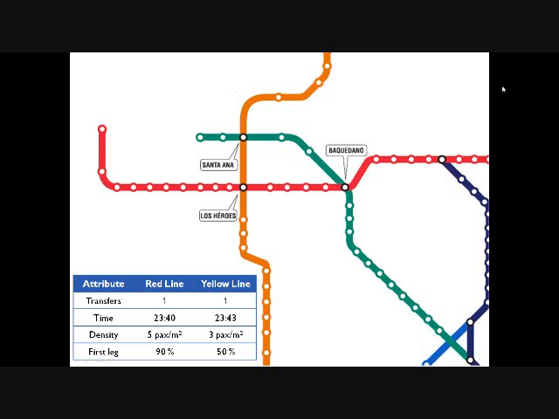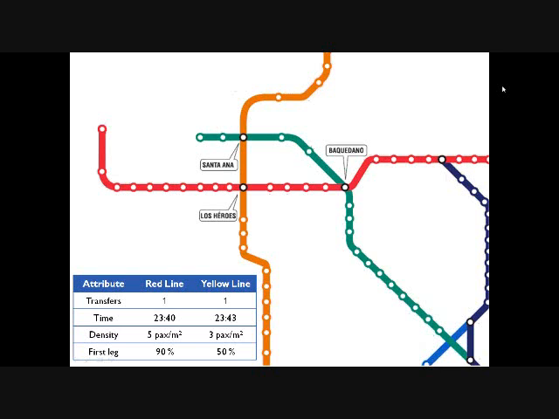And maybe a fourth attribute we can analyze is how crowded the first leg is. As I mentioned before, our example begins the trip at a transfer station, so we can choose to take either the red line or the yellow line. And on average, at the origin station, in the red line, we have 90% occupancy in the trains.